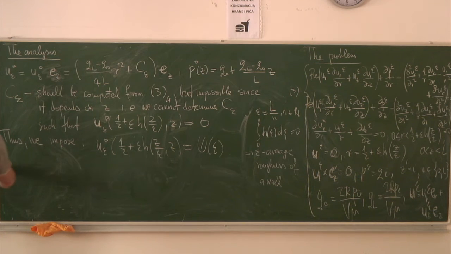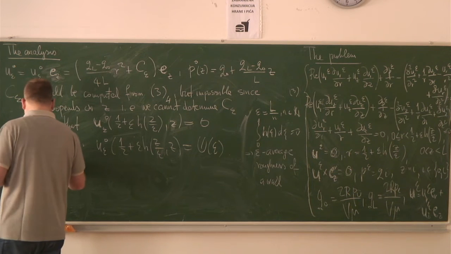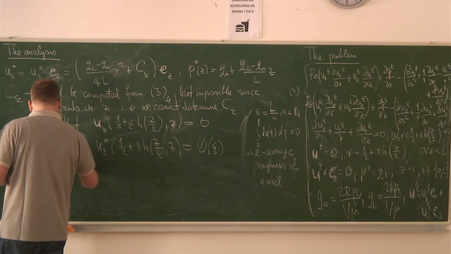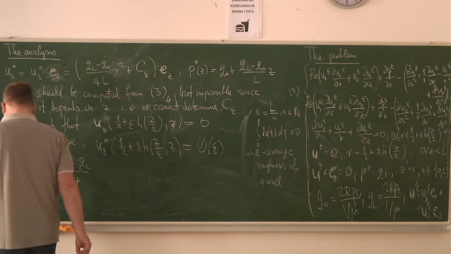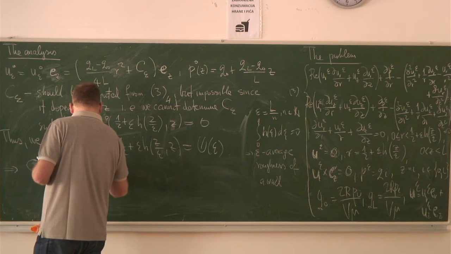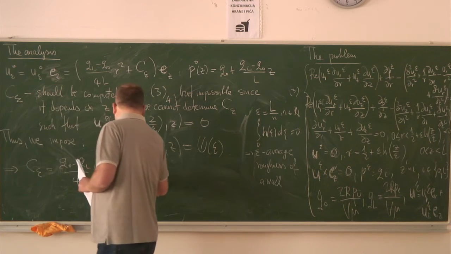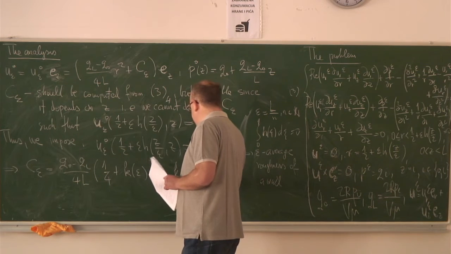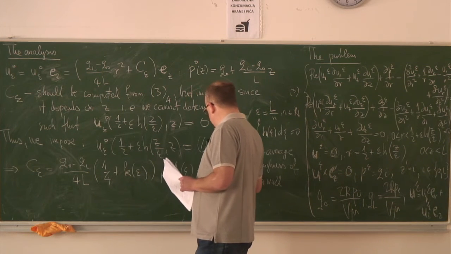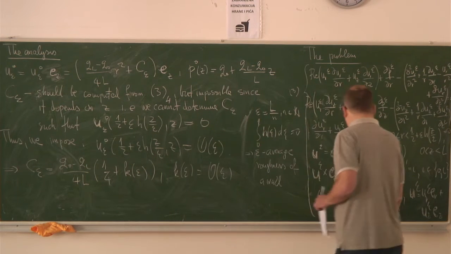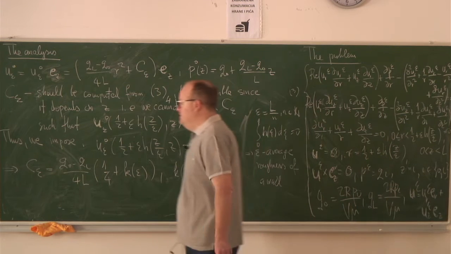Meaning that this C epsilon now can be computed as a term which is of order epsilon. You get it?